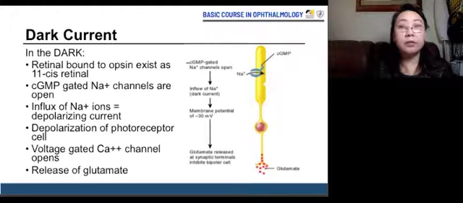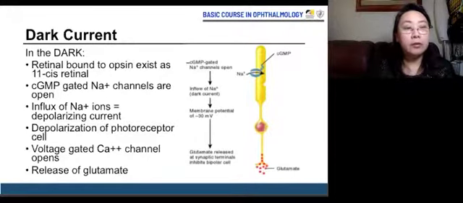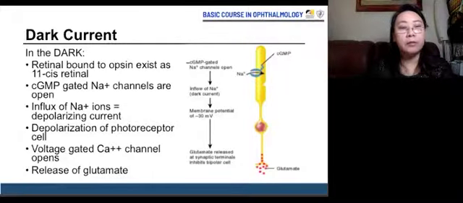Positively charged ions, sodium, enter the photoreceptor, depolarizing it. Depolarization of the cell membrane opens voltage-gated calcium channels. An increase in intracellular concentration of calcium causes vesicles containing glutamate to merge with the cell membrane, releasing glutamate into the synaptic cleft.